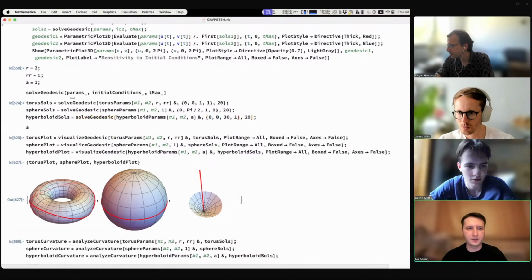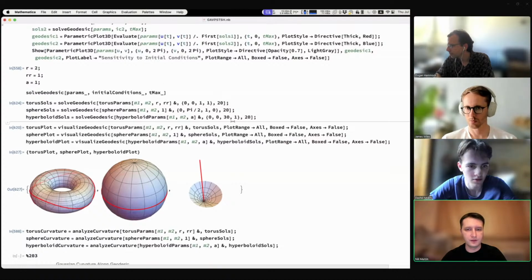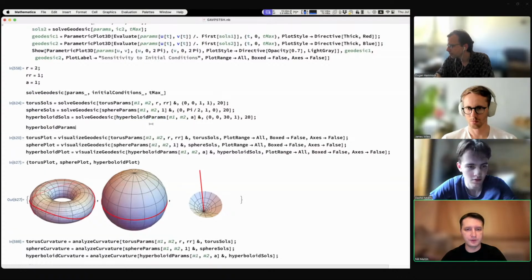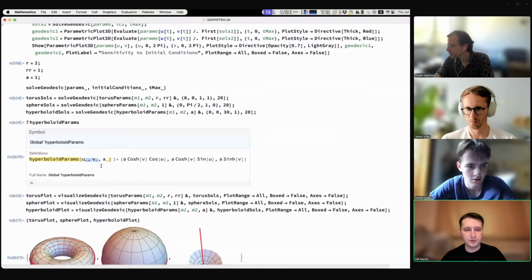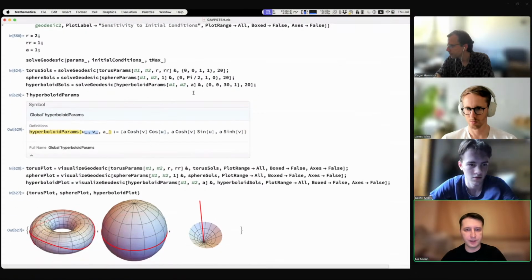What is A? Oh, A1. What are those parameters? U, V. This is like angles, 0, 0. So can't I change it to something like this?